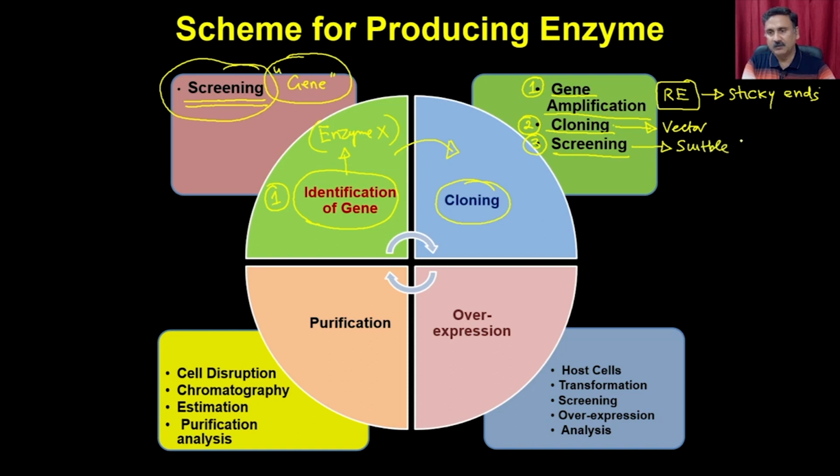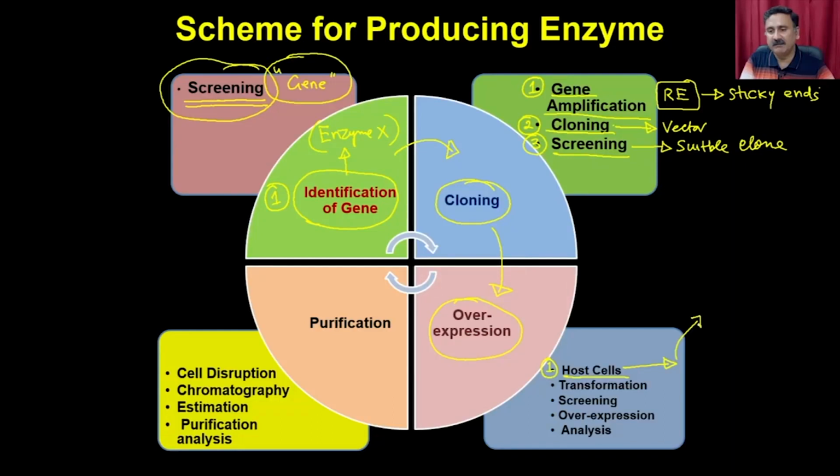So you are going to use the suitable clone. Once you have got the suitable clone, you are going to use it for overexpression. So in step number 3, you are going to do the overexpression. In the overexpression, the first step is that you choose the host cells. Host cell means the cell where you are going to make the proteins.